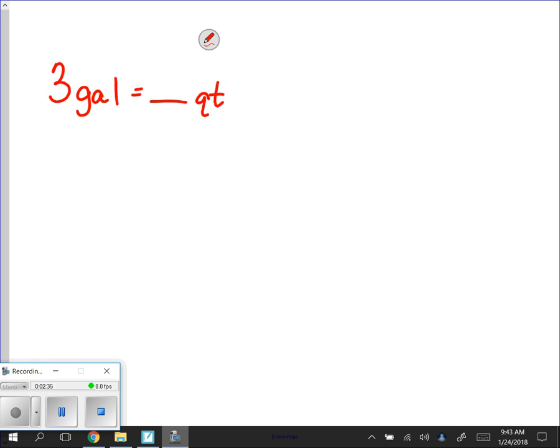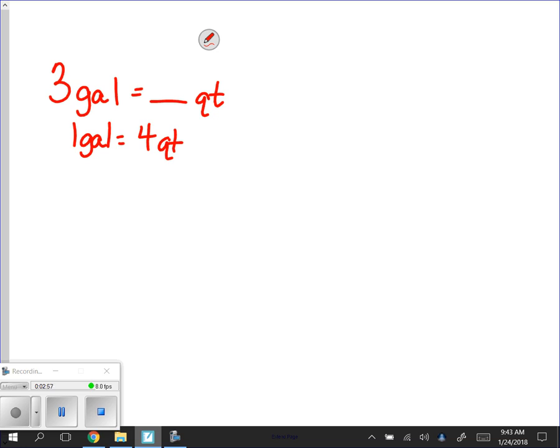How many quarts are in a gallon? I need to know that here, that I've got 1 gallon is equal to 4 quarts. You have to know that.